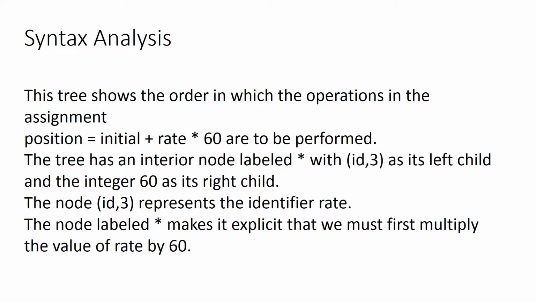The tree has an interior node labeled star with ID 3 as its left child and the integer 60 as its right child. The node ID 3 represents the identifier rate. The node labeled star makes it explicit that we must first multiply the value of rate by 60.